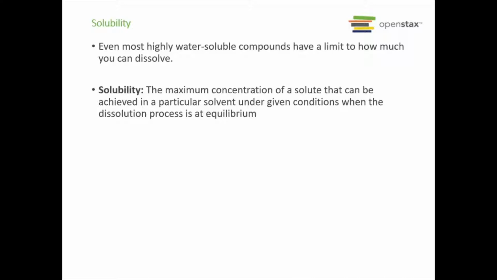Your book in this chapter doesn't really talk too terribly much about the units of solubility, but it's generally given in grams of solute per 100 grams of solvent. So the higher the solubility, the easier it is to dissolve something in water or whatever your solvent is.